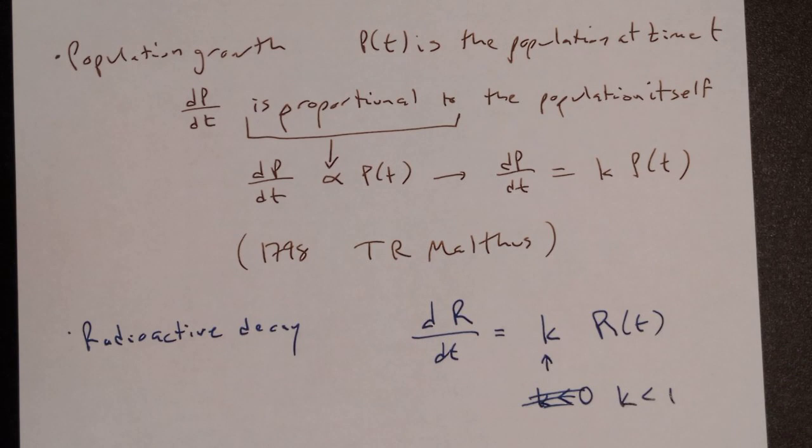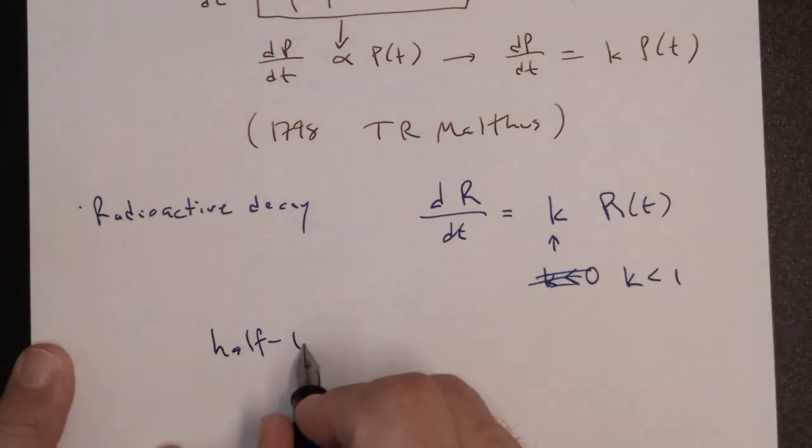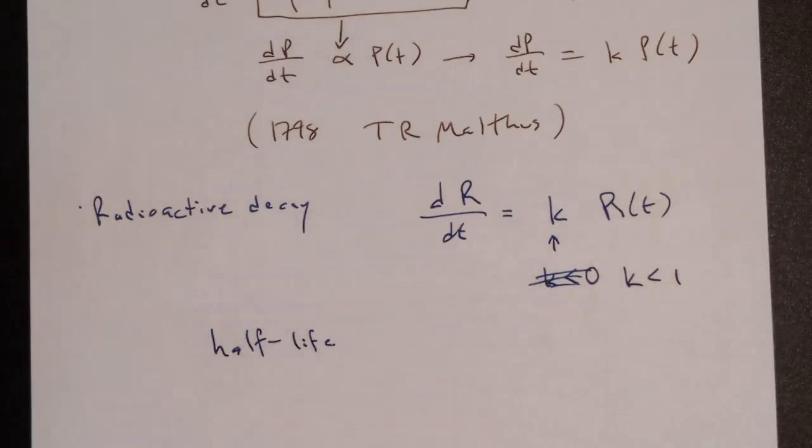The amount goes down. Matter of fact, we refer to how long it takes to go down by a specific name. The half-life is not just a game you play on the Xbox. The half-life of an element is the amount of time it takes to decay half of its radiation away.